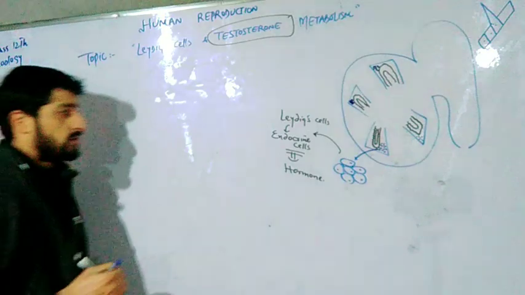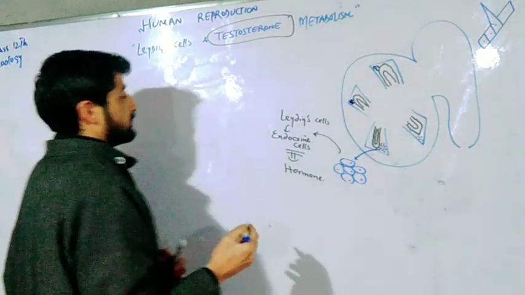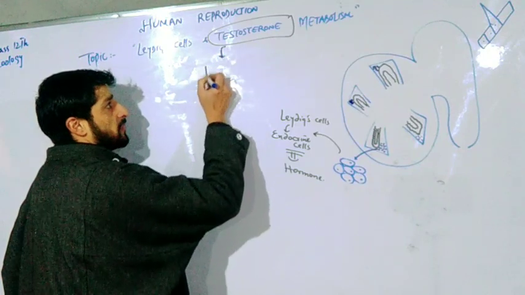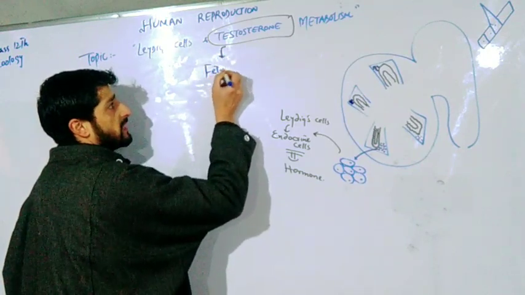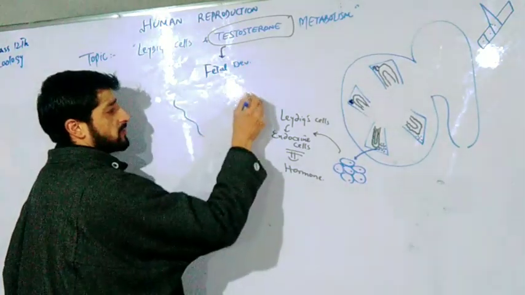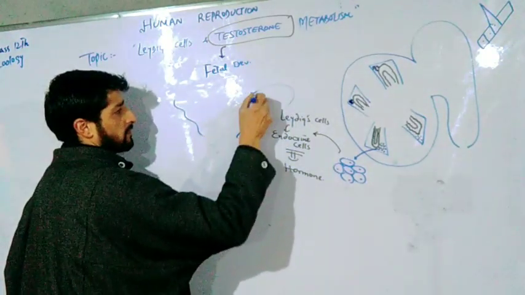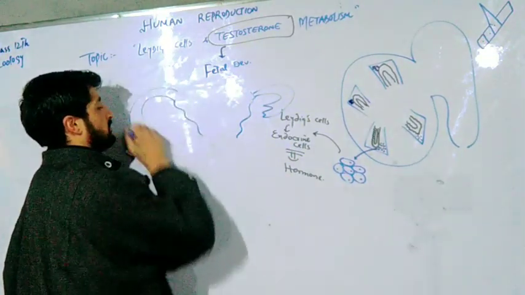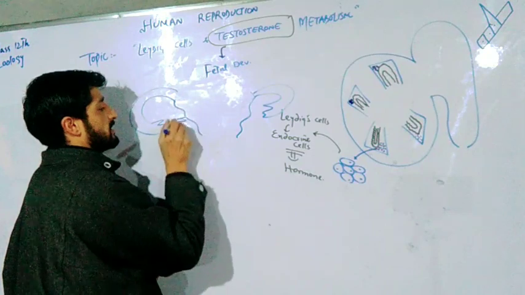First of all, you should understand one thing: when a child undergoes fetal development, let us suppose the female reproductive system, and these are the ovaries.